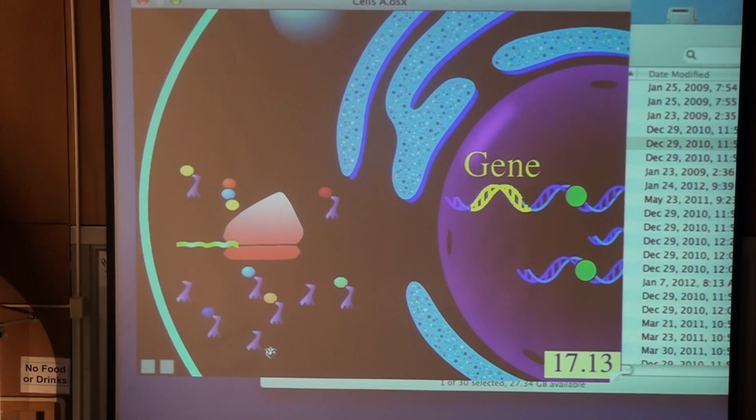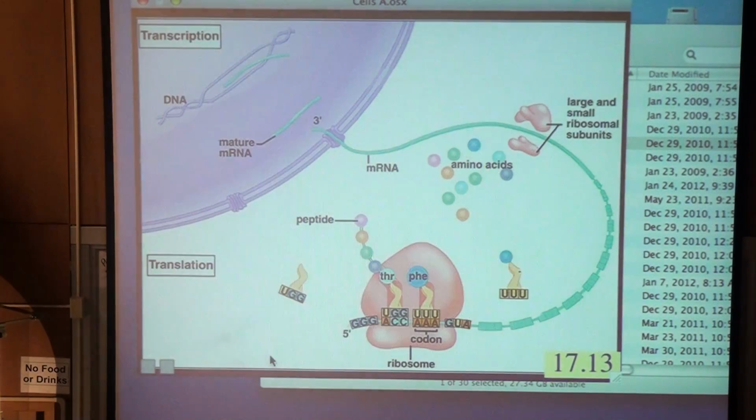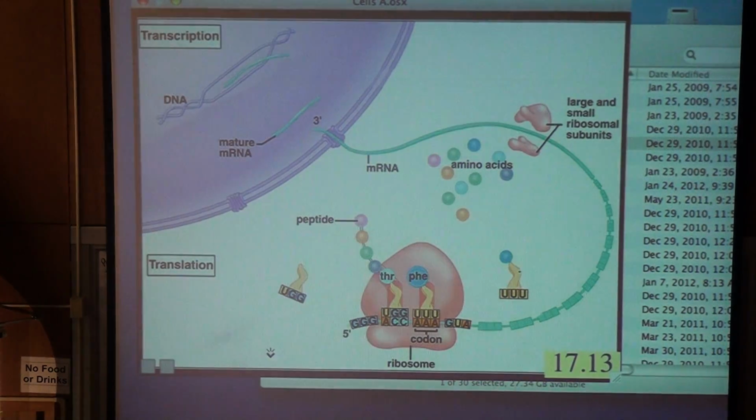All right, so I think this next slide kind of sums up all of this. The purple thing is the nucleus. Inside the nucleus, the messenger RNA, which is the light blue thing there, gets made from the DNA, which is the purple-looking thing. And then the messenger RNA exits the nucleus, which is why the nucleus has those little holes in it, goes out in the cytoplasm. The ribosome, small and large subunits, clamp down on the messenger RNA.